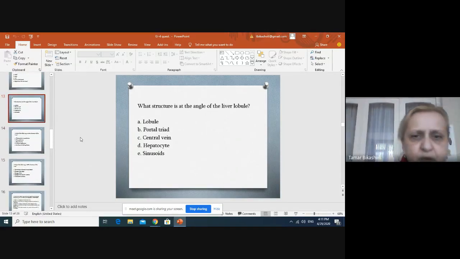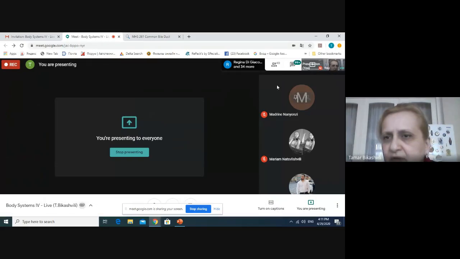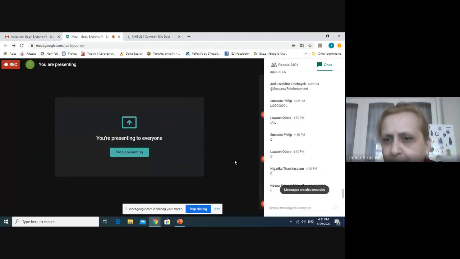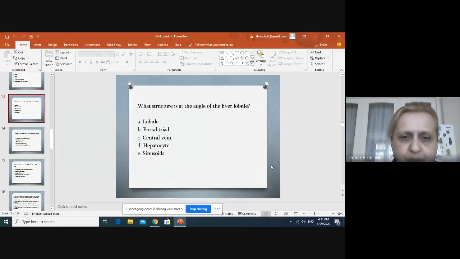The next question: what structure is at the angle of the liver lobule? Everyone knows this answer. Try it. Okay, the liver lobule at the angle has the portal triad. B, it's correct.